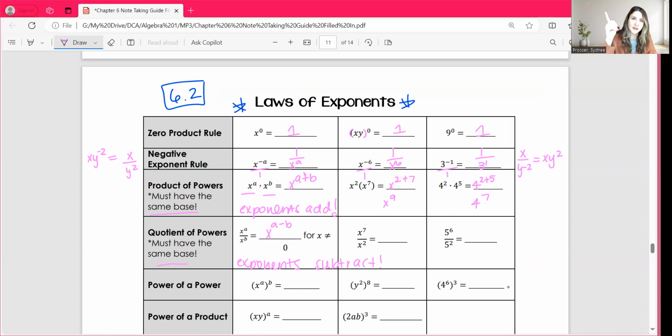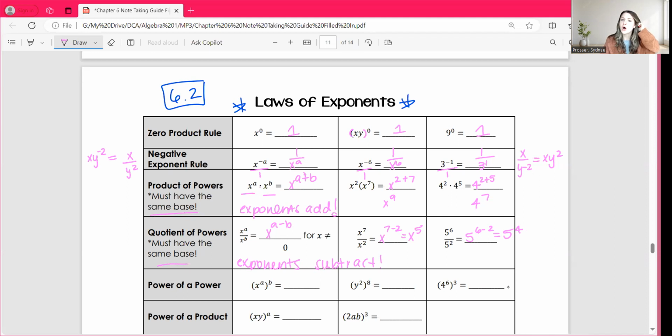I've got x to the 7th divided by x squared, so I do x to the 7 minus 2, which is x to the 5th. Dividing variables, exponents subtract. And here I've got 5 to the 6th divided by 5 squared, which simplifies to 5 to the 6th minus 2, which is 5 to the 4th.